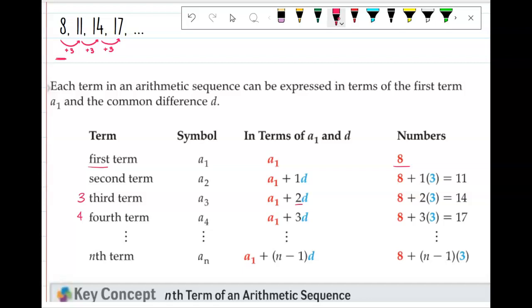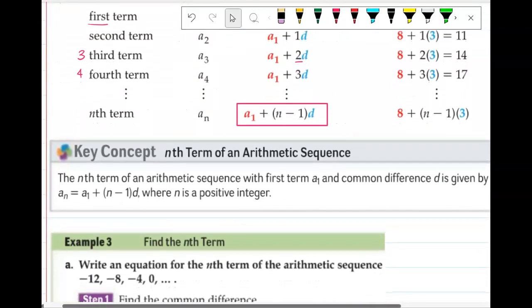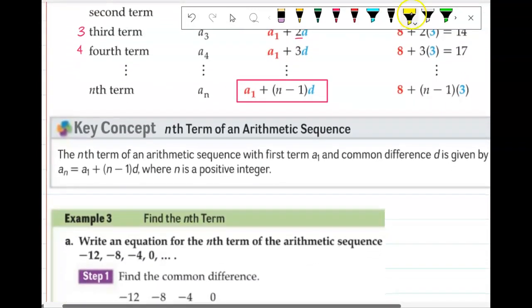So the final formula that we develop from this is right here. a sub n equals a sub 1 plus the quantity n minus 1 times the common difference. Here it is written again in our key concept book, our little box here.